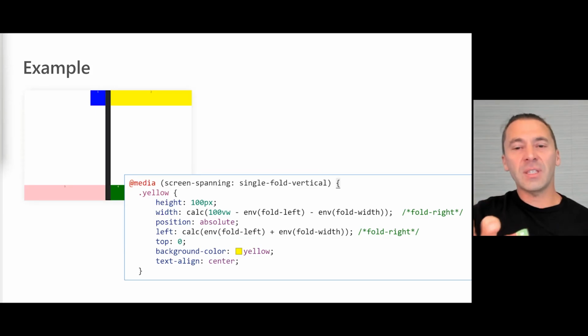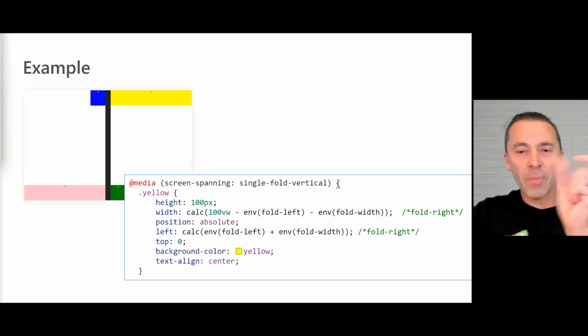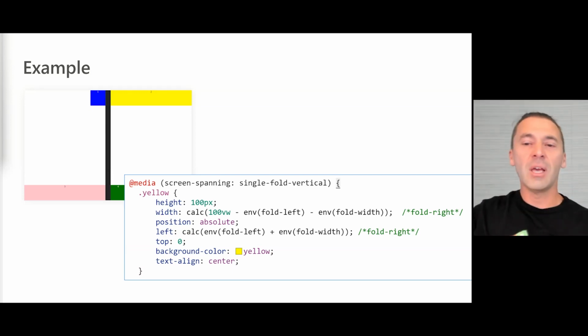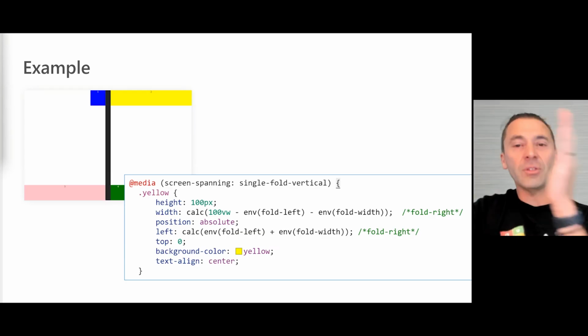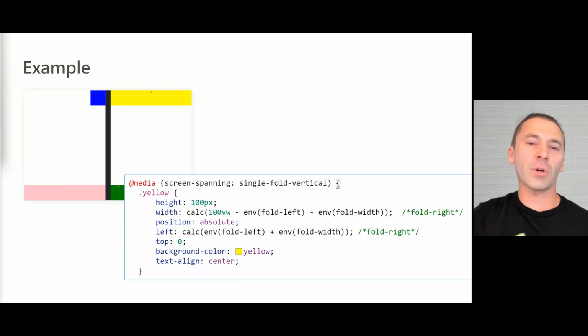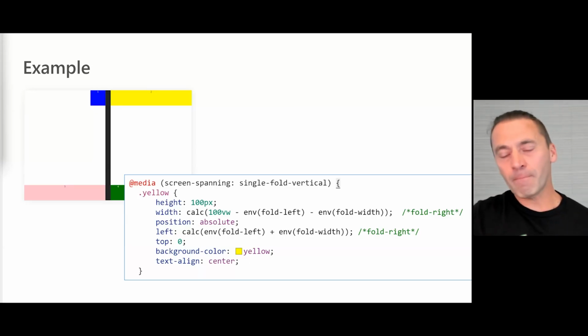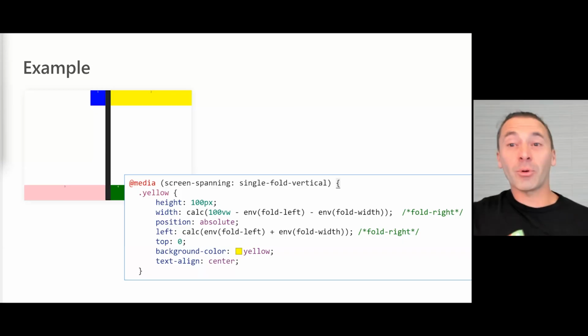And you can see the CSS that I've snipped out, the width and the left properties, both use those environment values and the calc method to say, okay, the width is going to be 100 of the view, which is that 100 VW, minus the fold and the position of the fold, and you get a nice position. So each of these boxes is positioned using those two things we just talked about. So great, you think we're probably done, right?